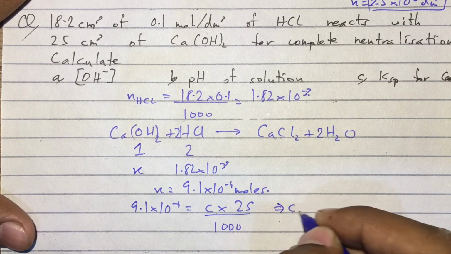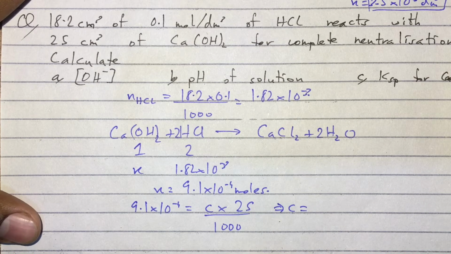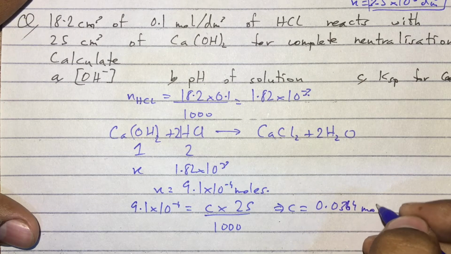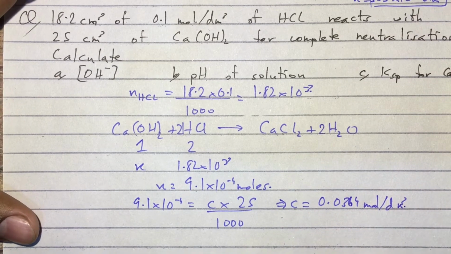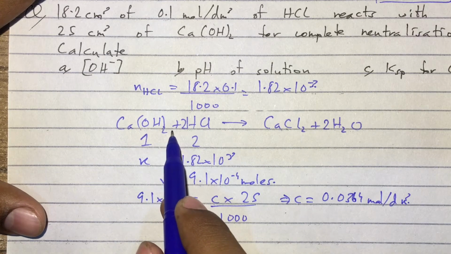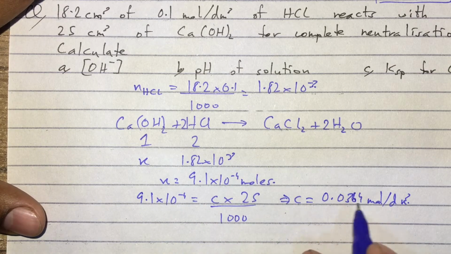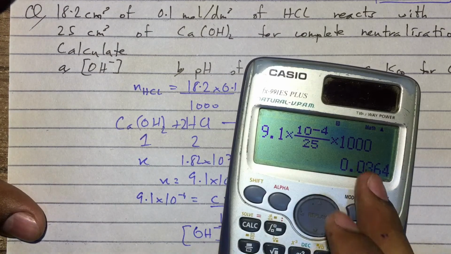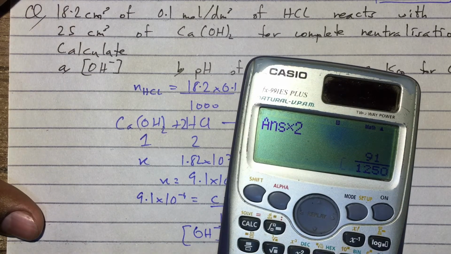This will give the concentration as 9.1 times 10 power negative 4 upon 25, which is 0.0364. Now in one molecule of Ca(OH)2 there are 2 hydroxide ions, so the OH negative concentration will be twice of this, 0.0364 times 2, that is 0.0728.